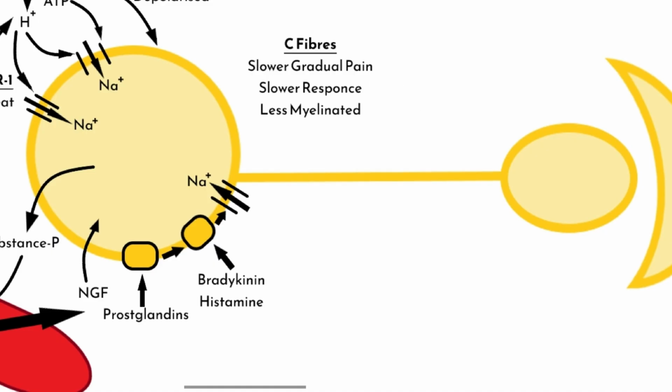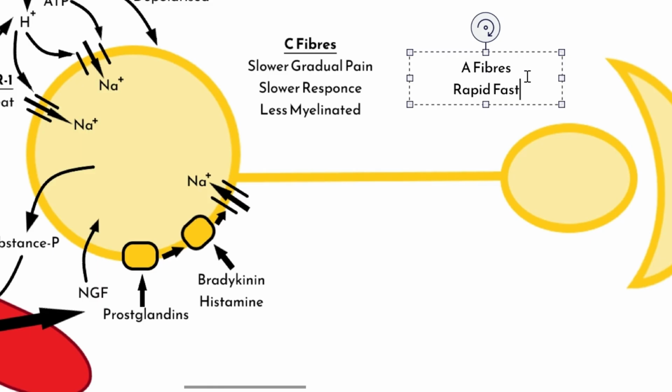Whereas what you also get is delta fibers. I don't think I have a delta on this keyboard. They're called A delta fibers. I guess I'm only going to be able to call them A fibers because there's no delta here, but there should be a delta after the A. They deal with rapid, fast pain. Say you just scraped your knee and it suddenly stings, it hurts.